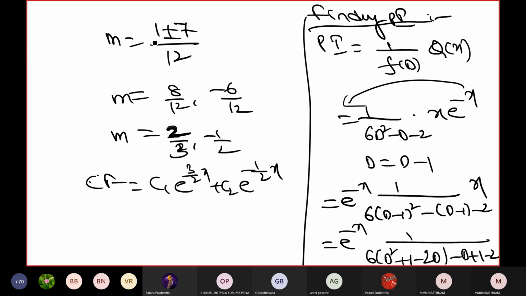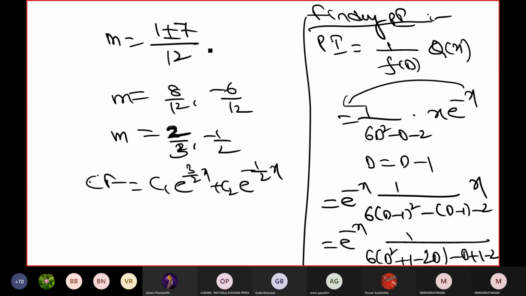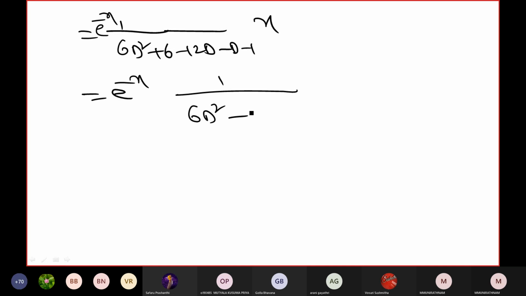This is 6D square plus 6 minus 12D minus D minus 1. This can be written as 6D square minus 13D plus 5. Correct?